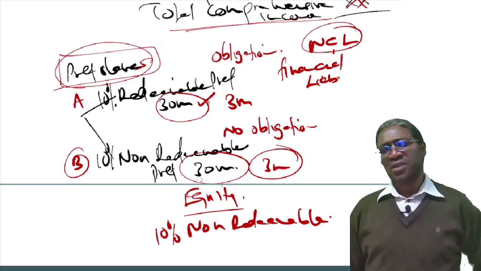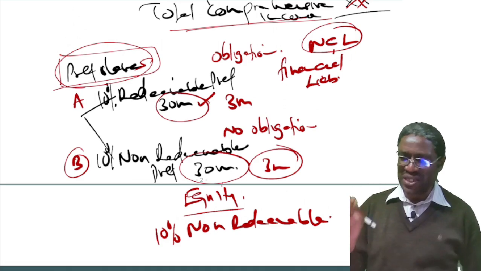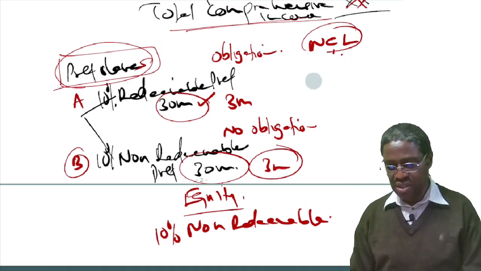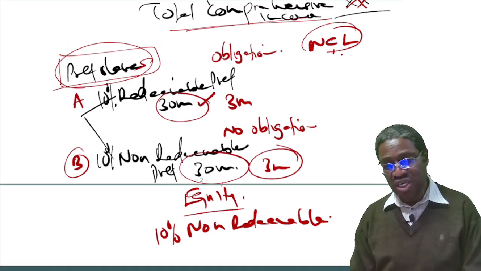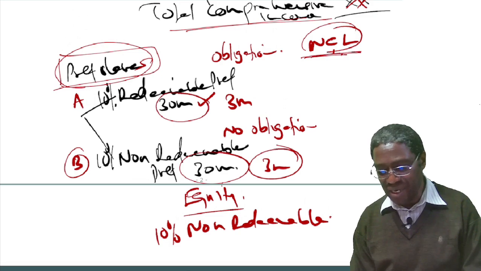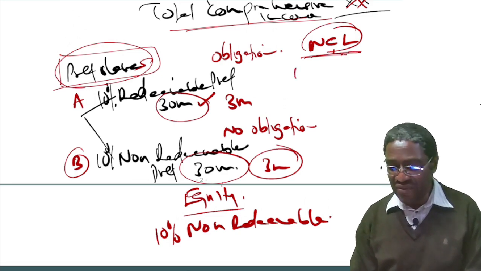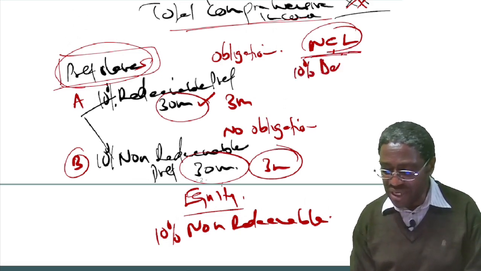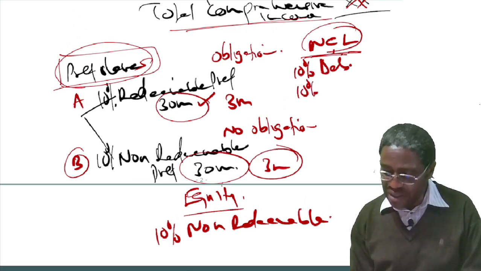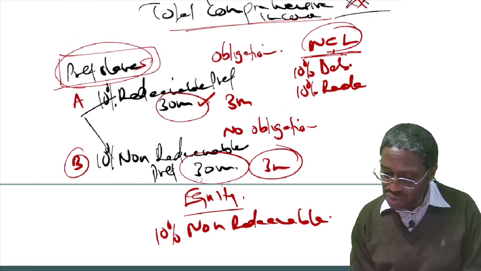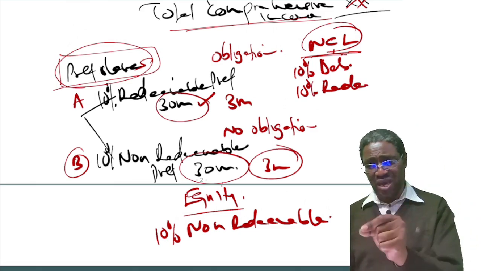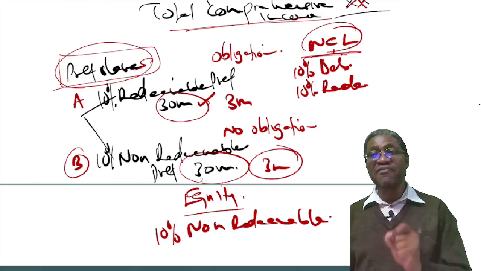Company A has issued 10% redeemable preference shares. And I've already told you it will go to the balance sheet as a long-term liability, where you normally have maybe something like 10% debentures. There you will have a 10% redeemable. Now remember, interest on debenture is a finance cost.